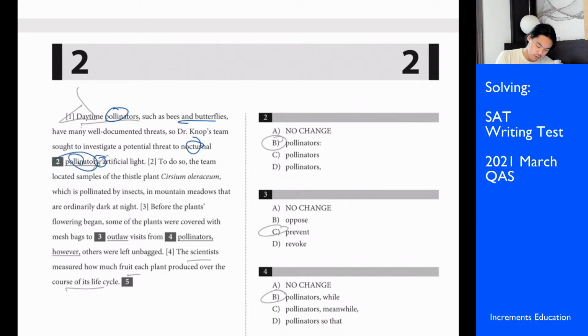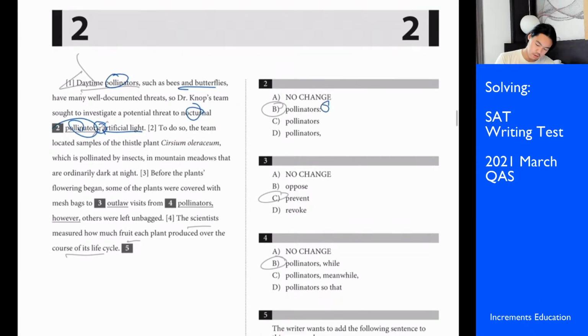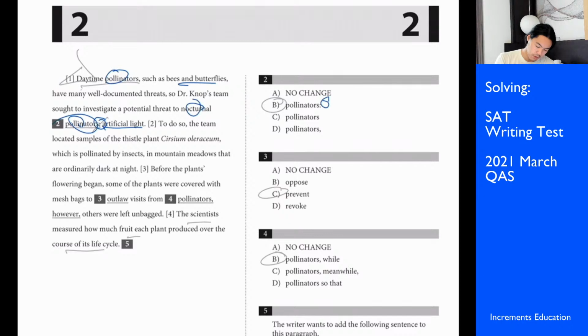And artificial light might be harming, right? Artificial light might be harming nocturnal pollinators. To do so, samples in mountain meadows are ordinarily dark at night. Okay, so it's supposed to be dark.